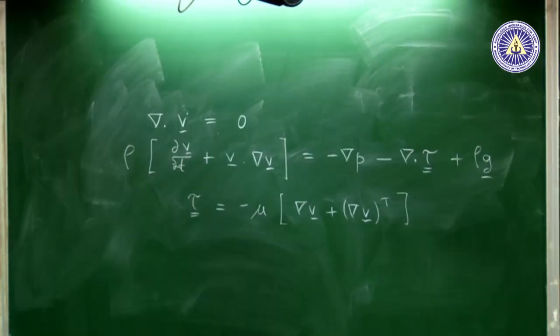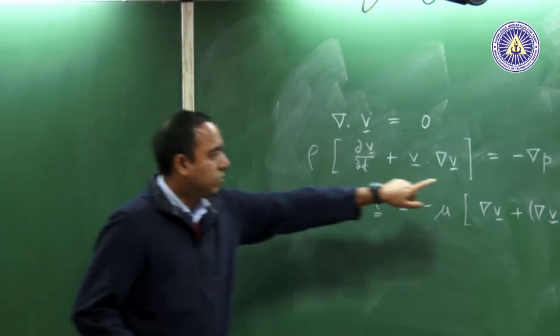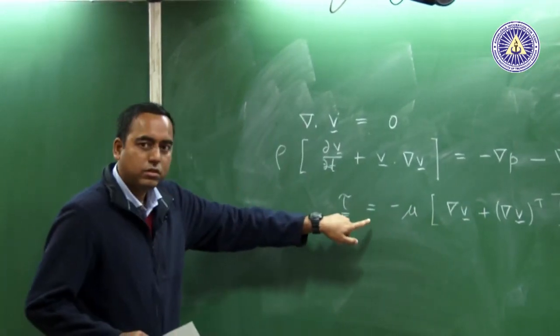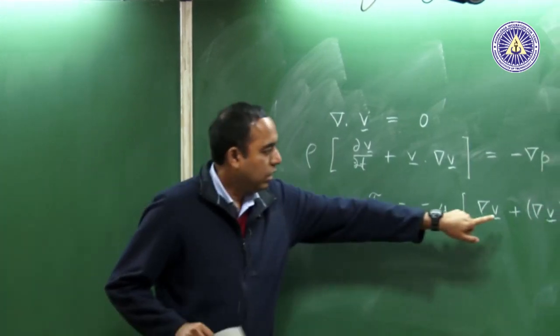So, in Newtonian fluid mechanics, what you try to solve is the continuity, the momentum, and the momentum equation is coupled with something known as the constitutive model, which actually is a relationship between the stress and the strain rates.